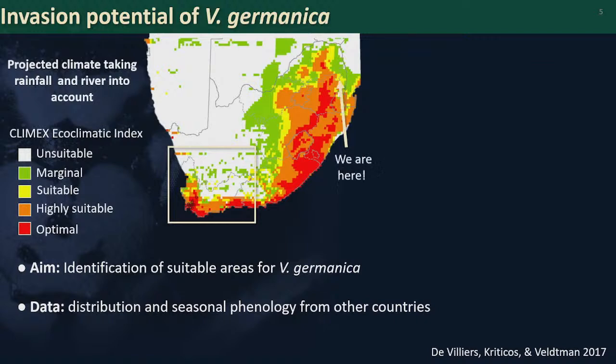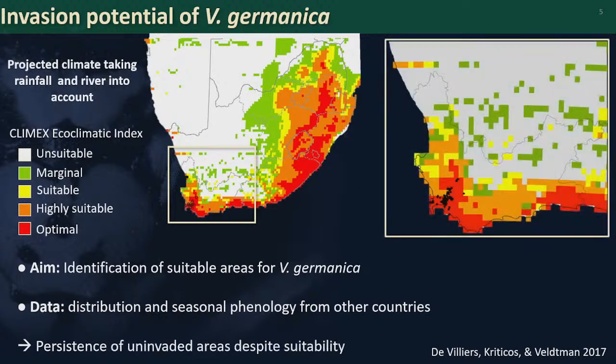So they looked for the suitable and non-suitable places for the species in South Africa. As we can see, we are here, in a suitable area. So please, during the game drive, after seeing a lion, try to find a wasp. I mean, if you find a wasp, it's going to be a problem, but keep your eyes open.